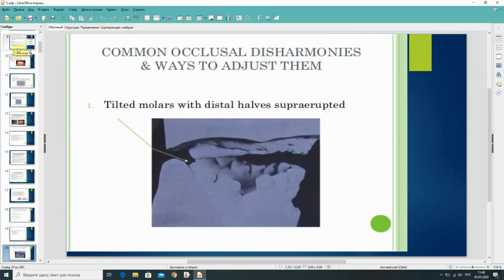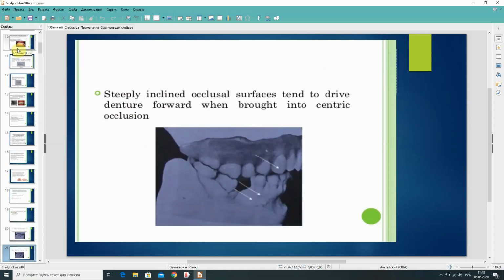Common occlusal disharmonies and ways to adjust them: tilted molars with distal halves supra-erupted, steeply inclined occlusal surfaces tend to drive the denture forward when brought into centric occlusion.